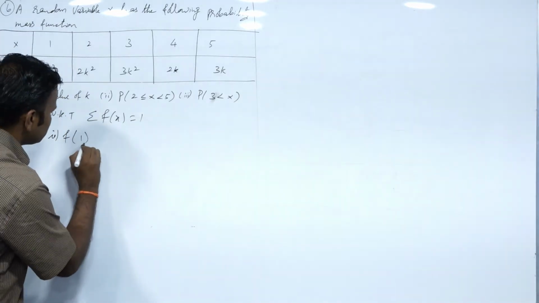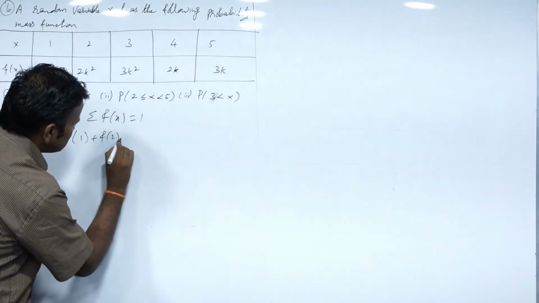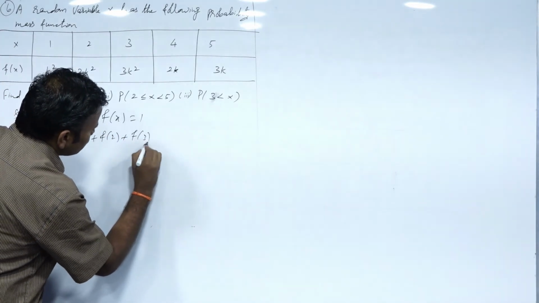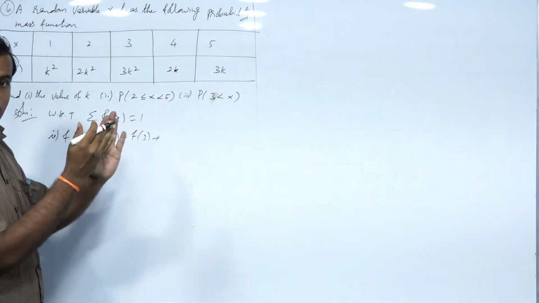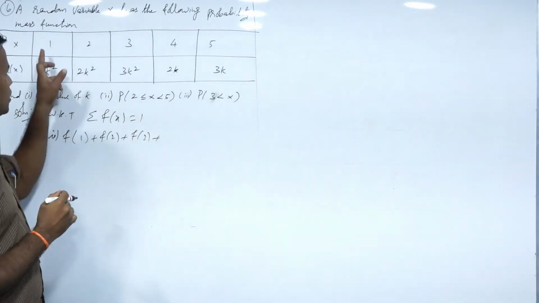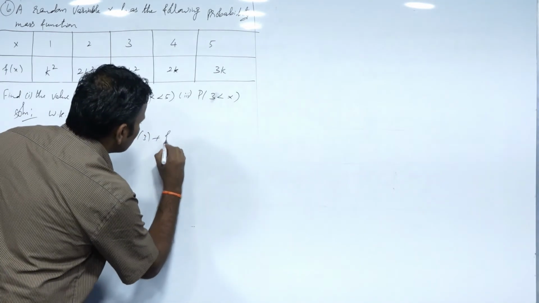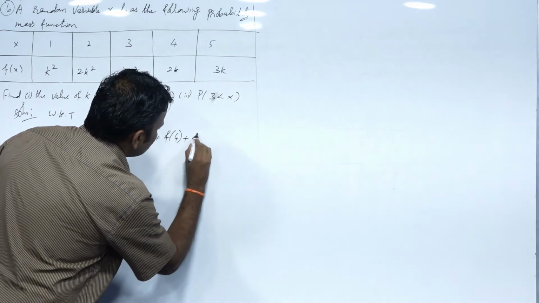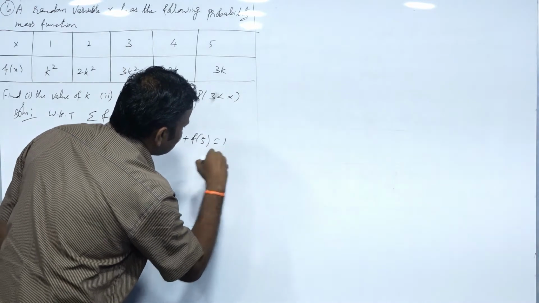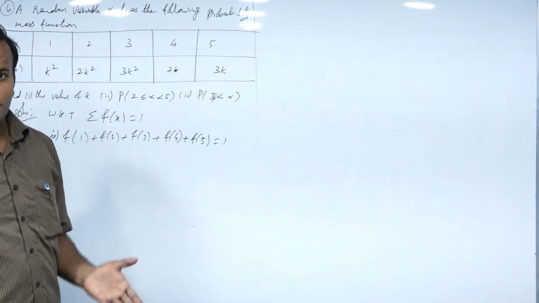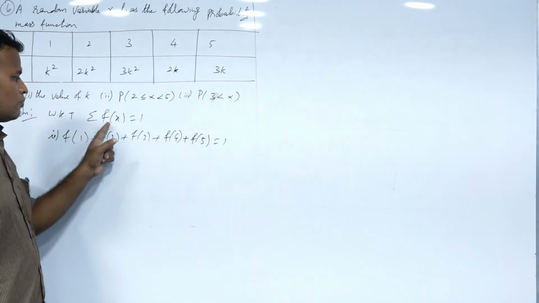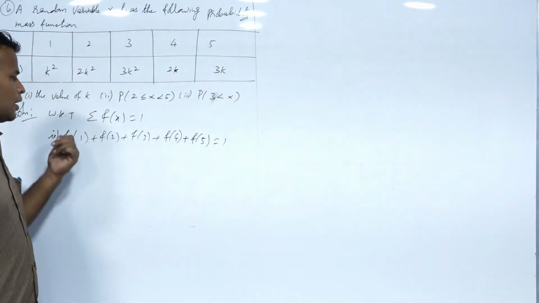So f of 1 plus f of 2. You know very well summation means to add all. So the values of x are 1, 2, 3, 4 and 5. All values should add up to 1. So that means the summation of all probability values is 1.